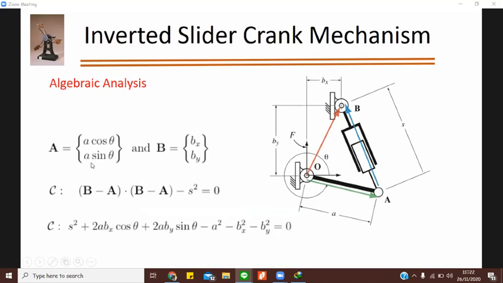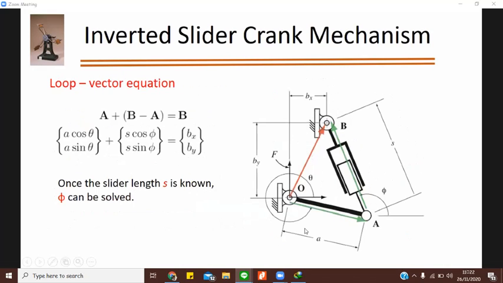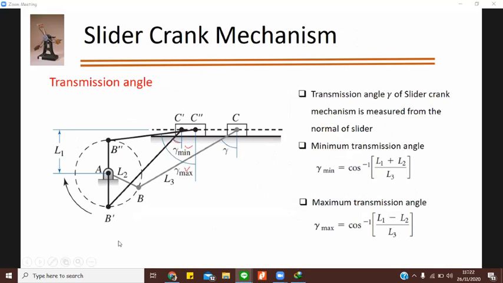It's similar. A and B, you just have to enter in the form of the given values: s square plus 2ab x cos theta plus 2ab y sin theta minus all this, and you get the constraint equation. Just remember, previously in that example we had this constraint equation.